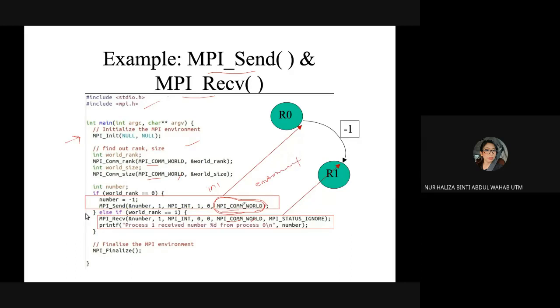If you still remember, what is it for? And you can see over here, when you want to declare a send, it will send. And you will declare another one, which is MPI receive. So you're going to have a receive instruction over here.